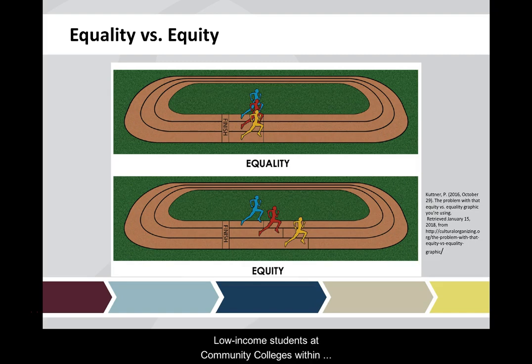Low-income students at community colleges within the state of Illinois are completing at 37%, whereas their wealthier counterparts are completing at 75%. This is an enormous equity gap that can have devastating effects for students that are low income. We need to ensure that the 37% of students in the low income bracket receive the proper starting position at Illinois community colleges so their completion percentages begin to rise.